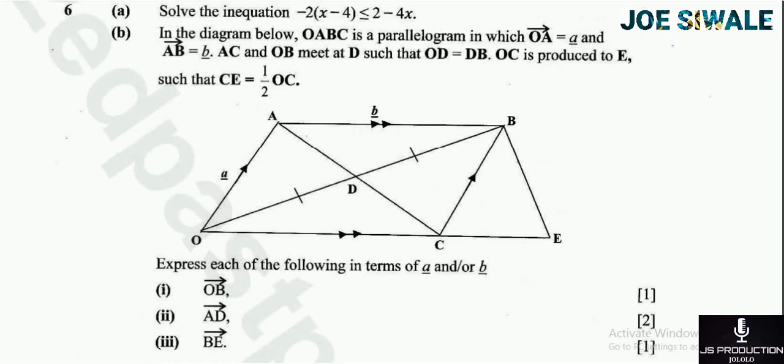OC is produced to E such that CE is equal to half OC. So that's the diagram. Express each of the following in terms of vector A and or vector B. Roman numeral 1, vector OB, 1 mark.